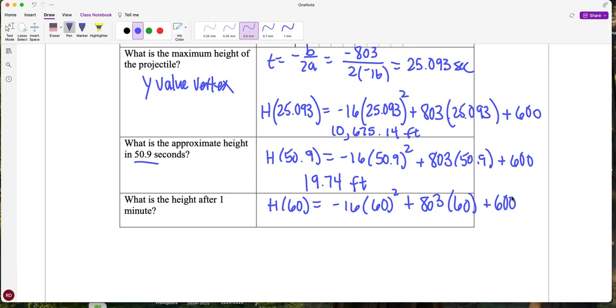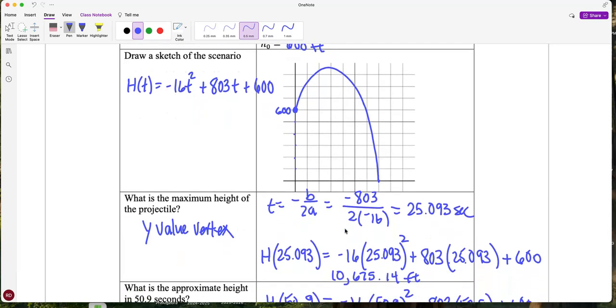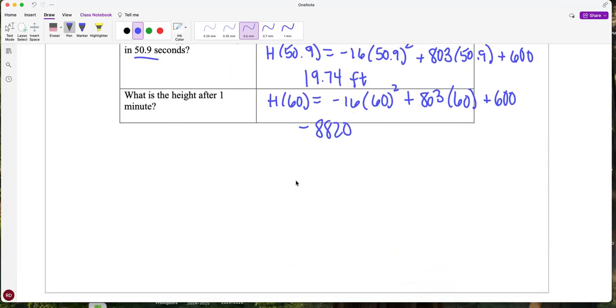If I do that, I get negative 8820. So it says the height of the ball that I threw is negative 8820. That's not possible because the minimum height is going to be 0. So after 1 minute, it's going to be 0 feet.